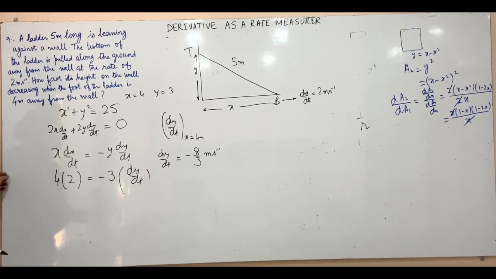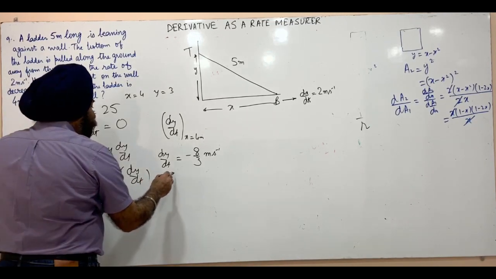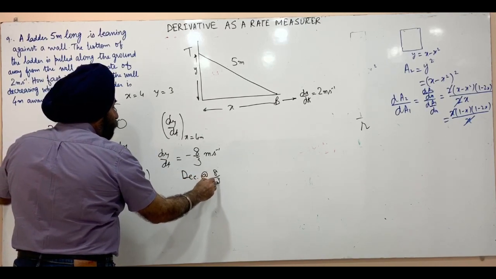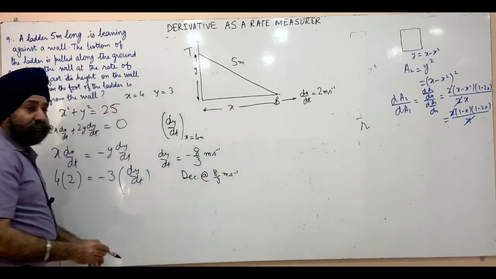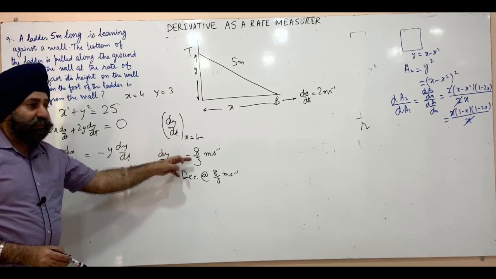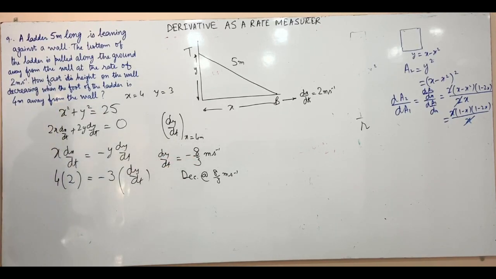Negative sign means decrease. So we already have a negative sign here. So we'll answer that it is decreasing at the rate of 8 by 3 meters per second. If it is change, then we write minus 8 by 3 meters per second. If it's decreasing, we don't write the negative sign, it's 8 by 3 meters per second.